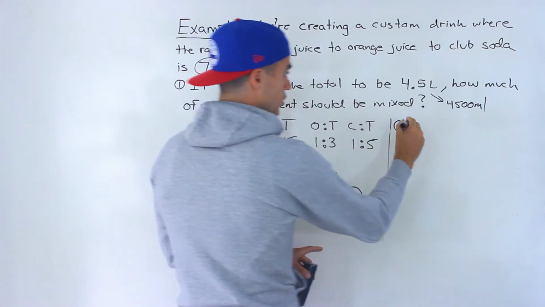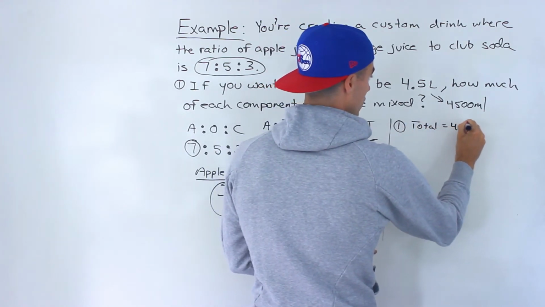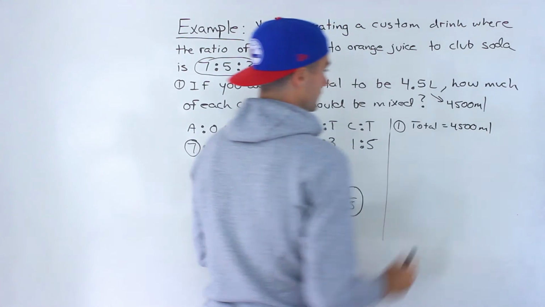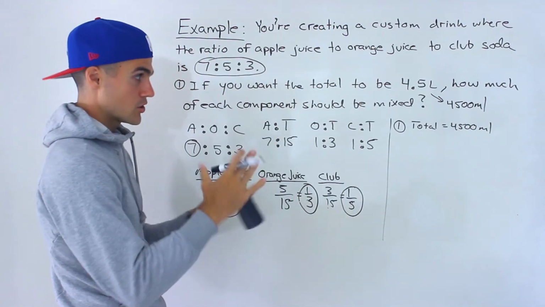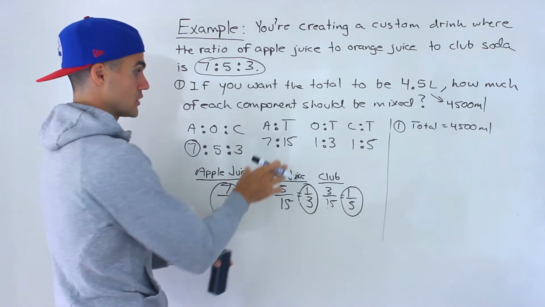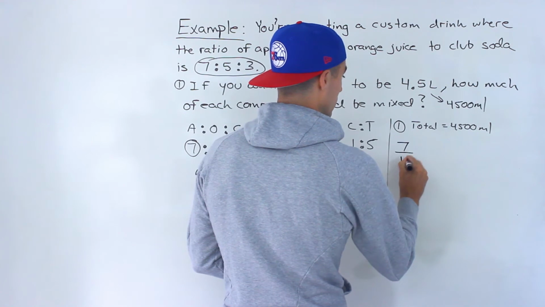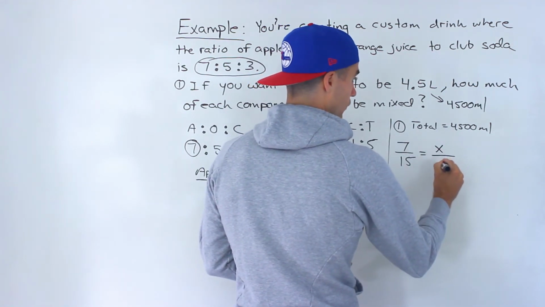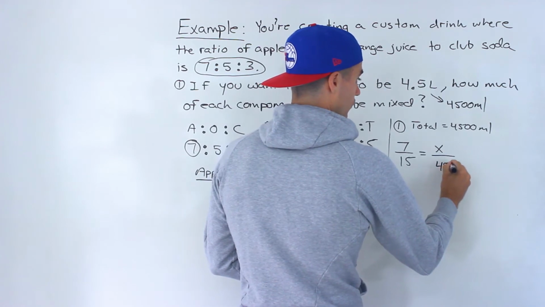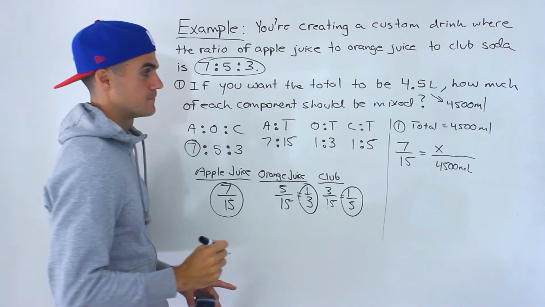So notice how in number 1, we're told the total is going to be 4,500 milliliters. So if we want to find out how much of that is going to be apple juice, we can use this ratio. So we can go 7 over 15 equals x over 4,500 milliliters, like that.